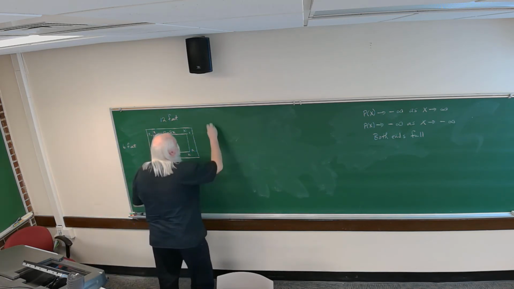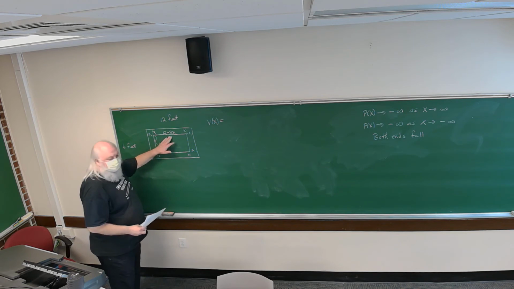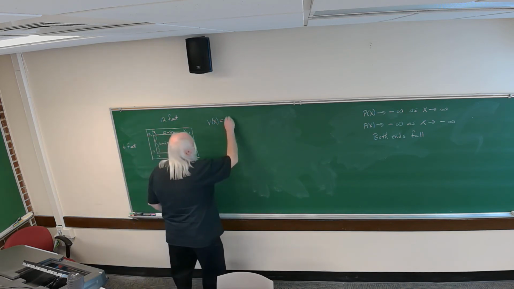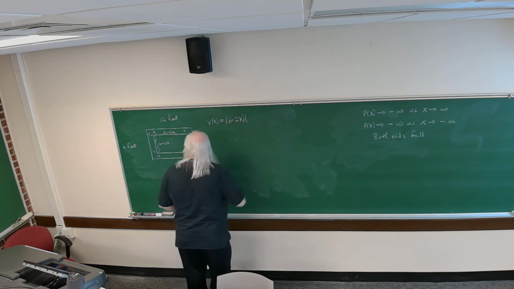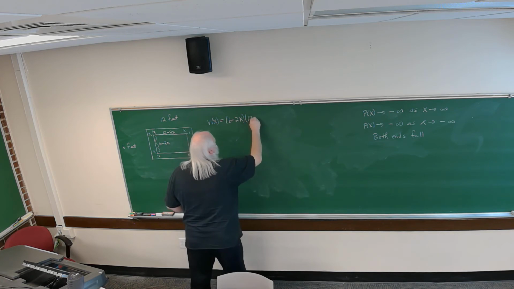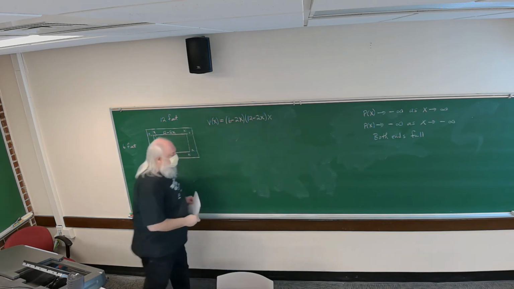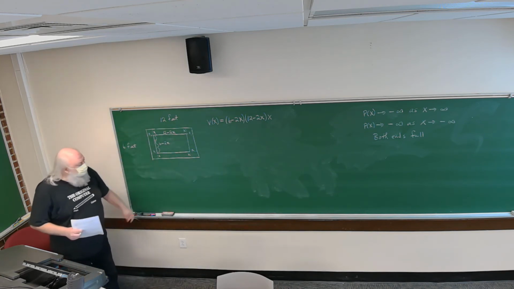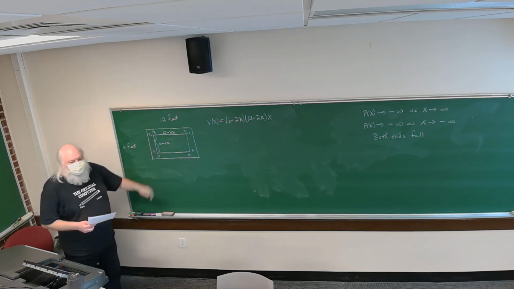So the volume of the box is width times length times height. The width of the box is 6 minus 2x. The length of the box is 12 minus 2x. And the height of the box is x, because that's the size of the squares that we cut out from each corner and fold up as flaps.